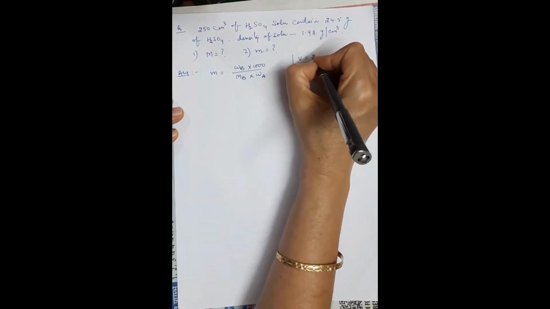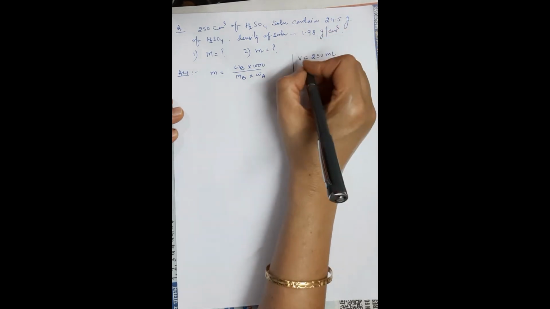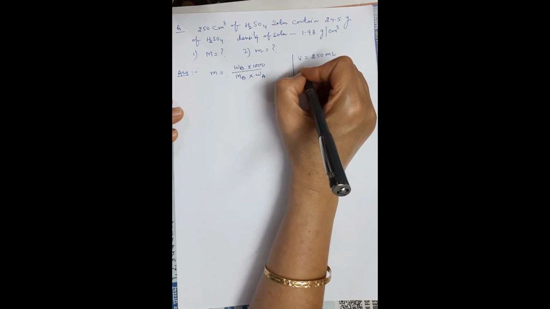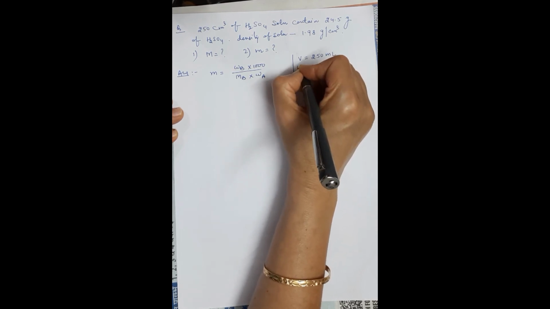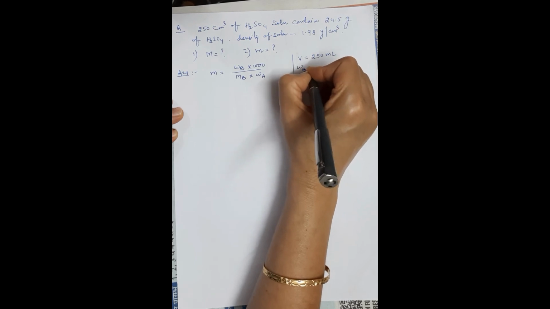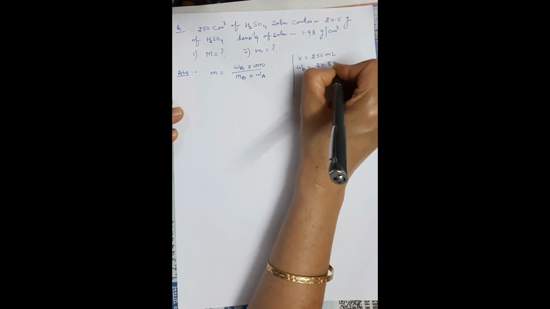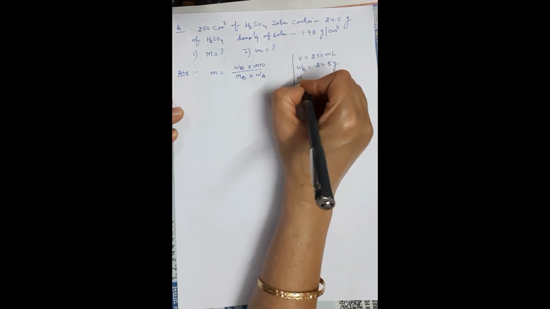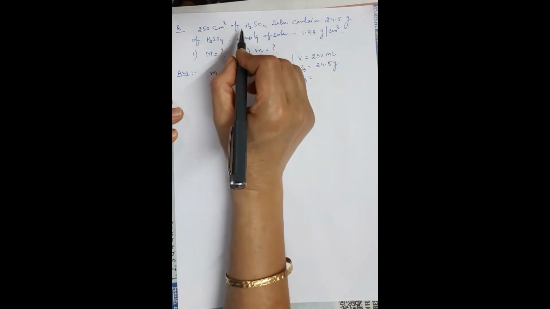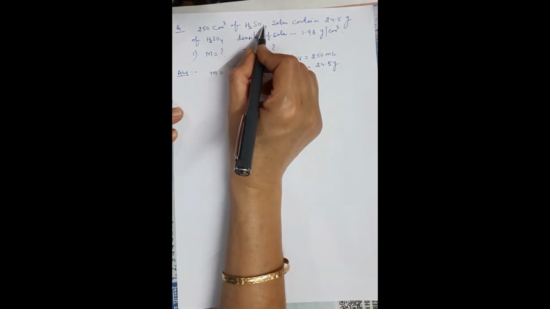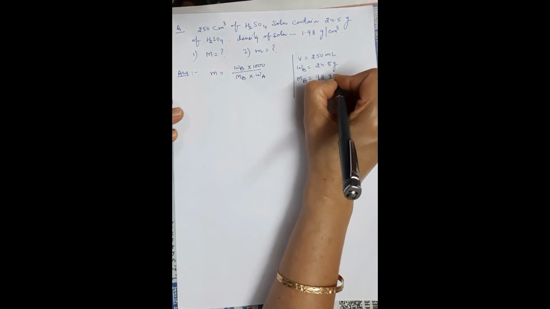Volume is 250 ml. 24.5 grams. This is the given mass of solute, given mass of sulfuric acid. Given mass is written by W, B for solute. It is 24.5 grams. What is molar mass of solute? Sulfuric acid is solute. If you find out 2 plus 32 plus 4 into 16, it comes out to be 98 grams per mole.